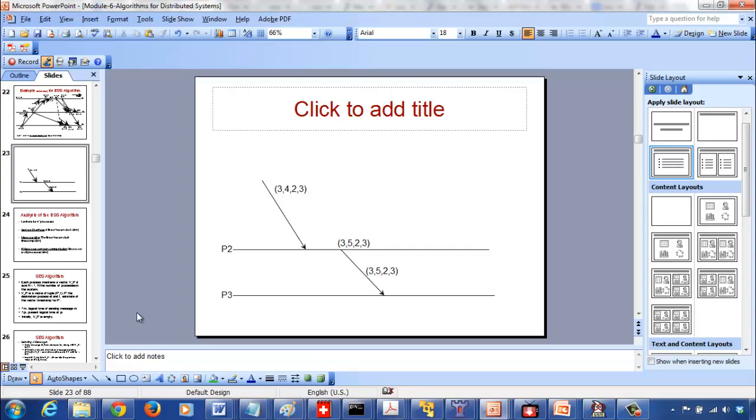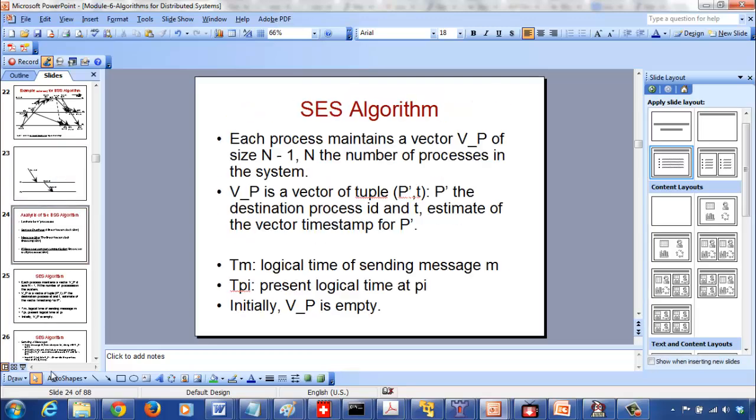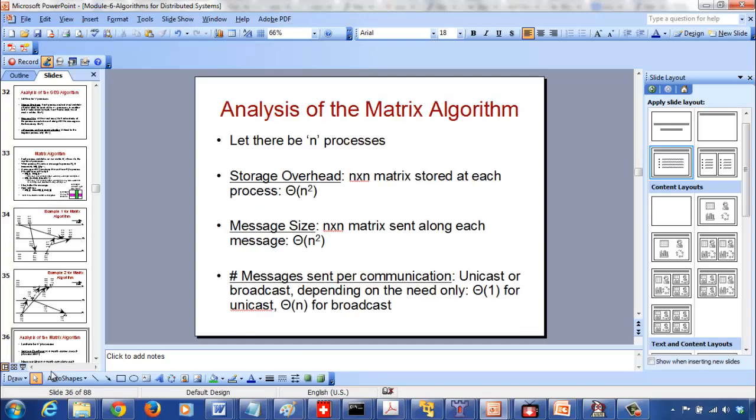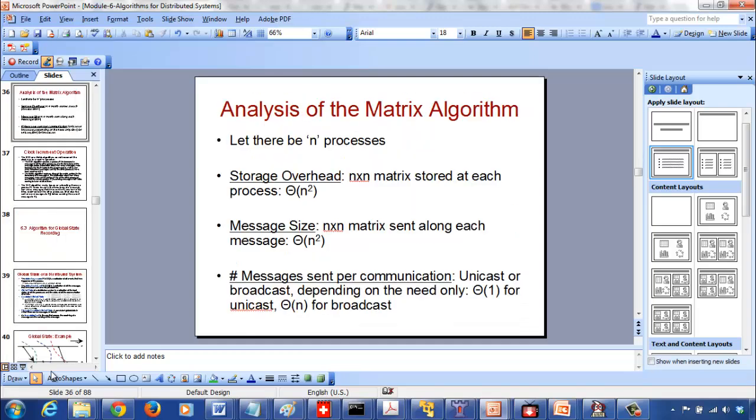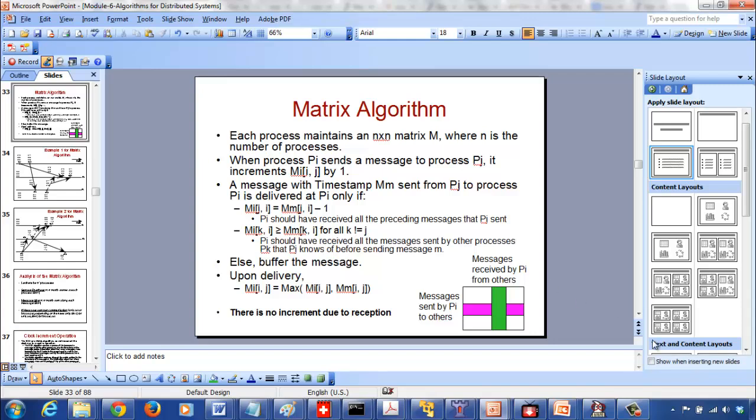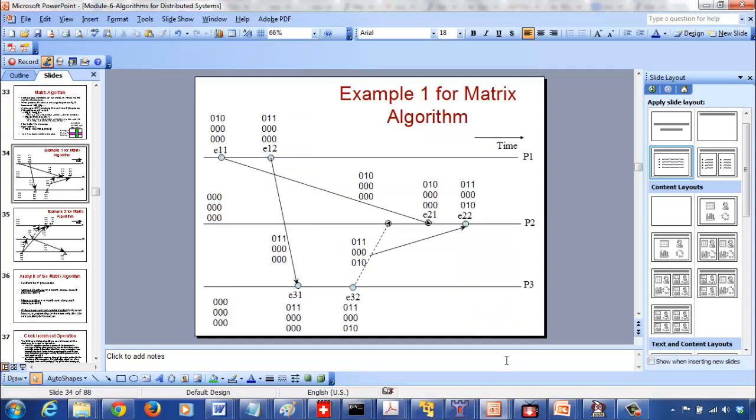In the BSS algorithm, that's what happens. In the matrix algorithm, you essentially keep track of the number of messages you have sent to every process, and if you look at it column-wise, that indicates the number of messages you have received from the other processes. So again, when you send that information as a message here, you are still conveying what you know about the messages sent by the other processes to you.